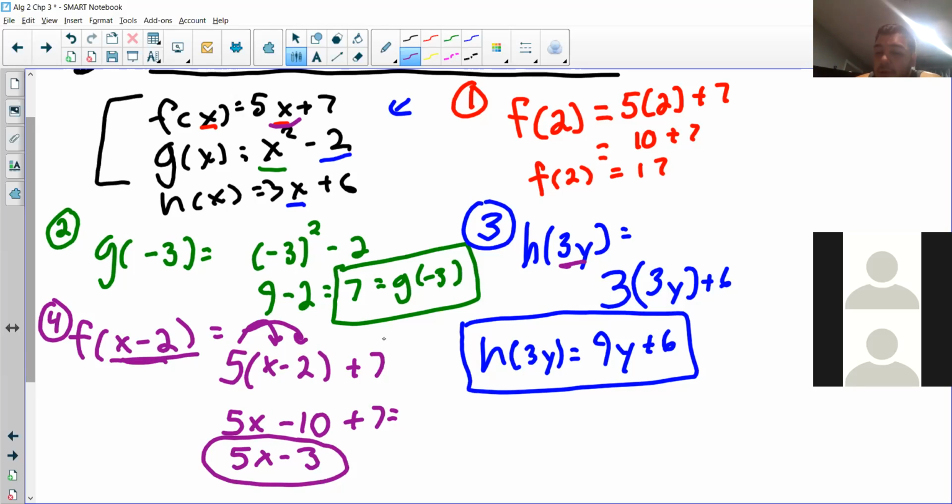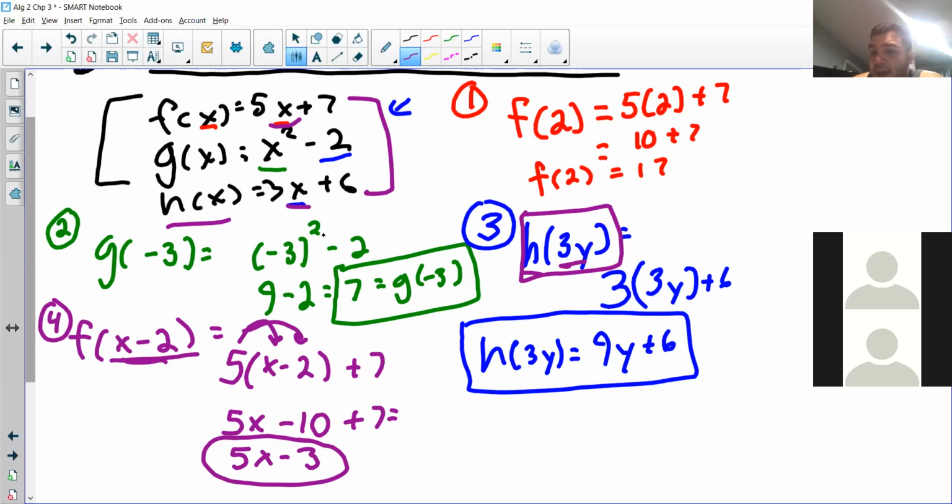I'm kind of confused. Go ahead, Alyssa. How did you get h of 3y? Where did you get that from? Oh, h of 3y is your problem. So you look at the h of x I gave you. What I give you is these equations right here and the problem. So h of 3y is the problem. You look at your equation h of x because the letter's h.